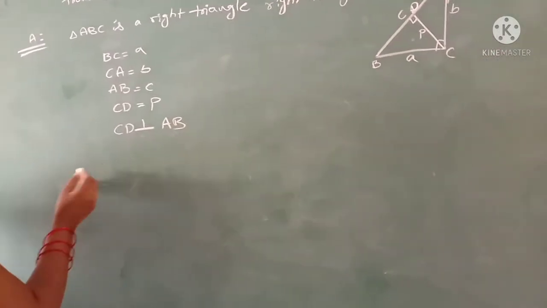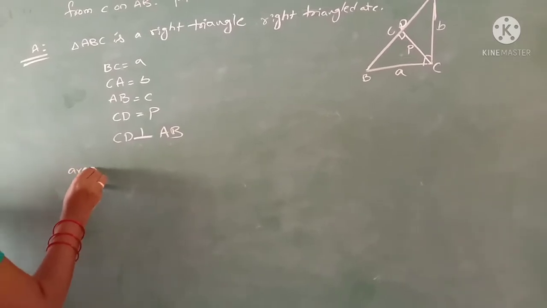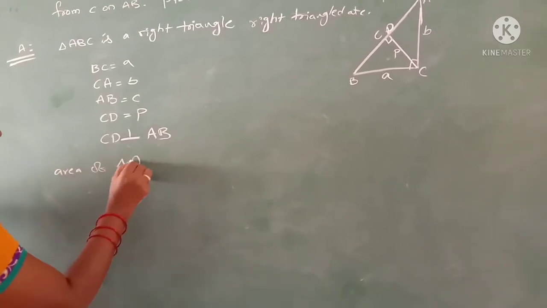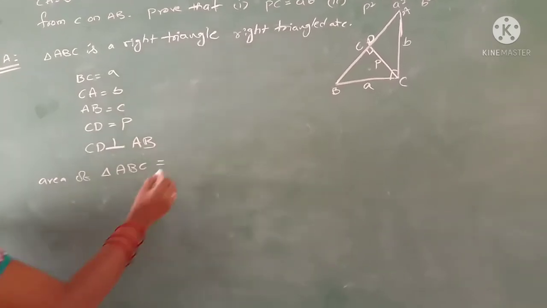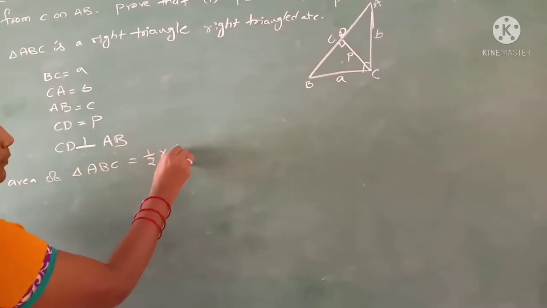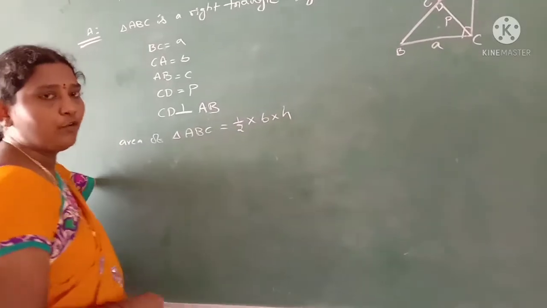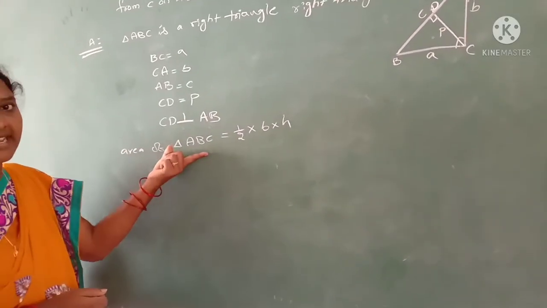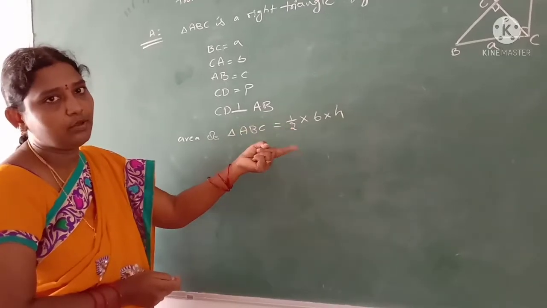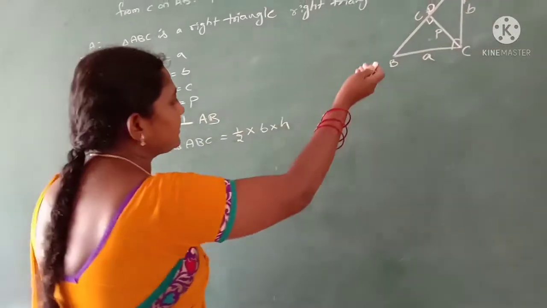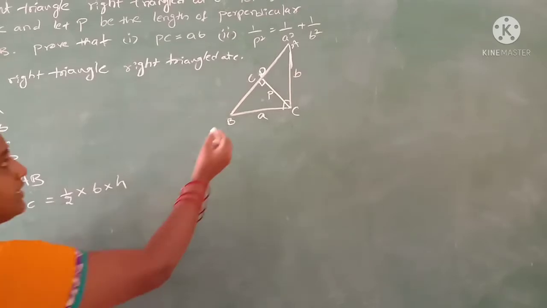Next, we find the area of triangle ABC. What is the area of triangle ABC? Half into base into height. We know the area of triangle formula, half into base into height. So, which is the base and which is the height?